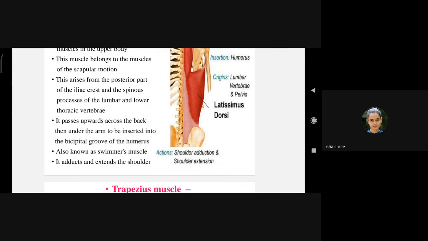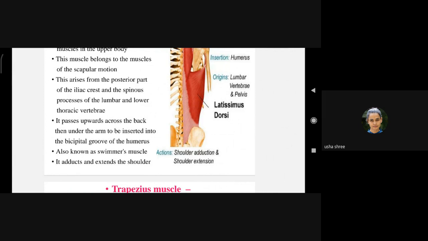Humerus means the upper arm, right? It is also known as swimmer's muscle, and it adducts and extends our shoulder. Why is it known as the swimmer's muscle, ma'am? Because it helps in adduction and abduction.